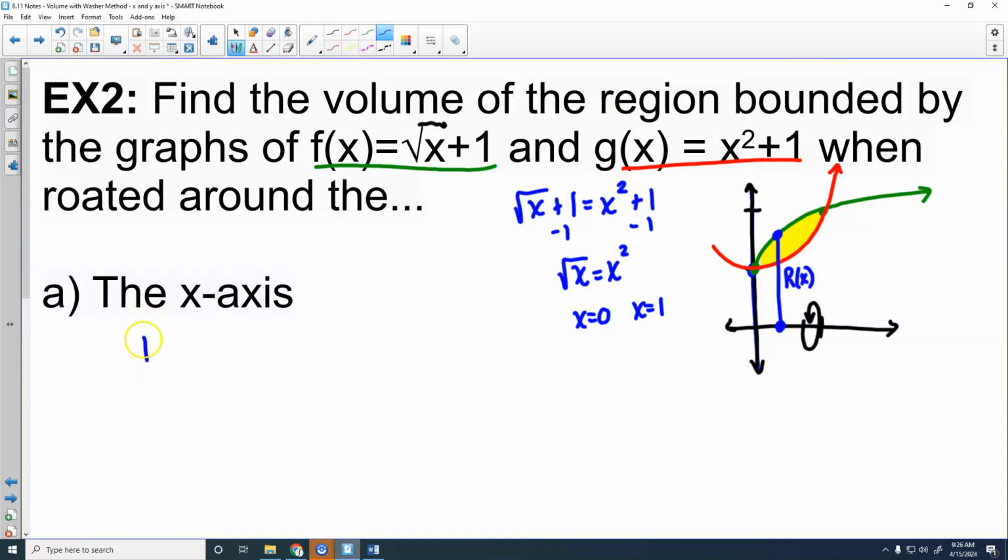So for this one, capital R of x is going to be the green function, the square root of x plus 1. And then your inside is the one closest to the axis that you're rotating around. There's your lowercase r of x, which is our red graph here. Lowercase r of x is going to be x squared plus 1.